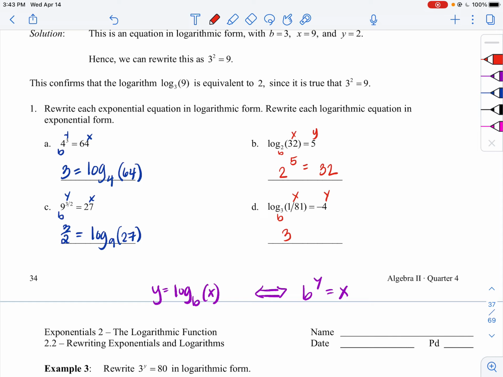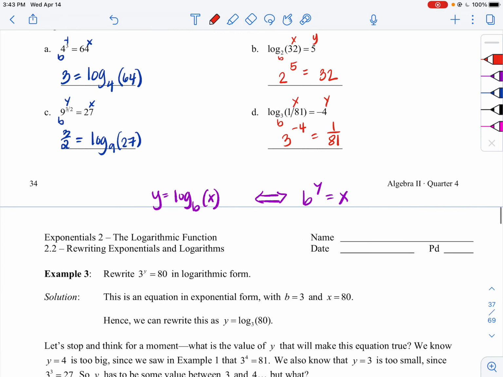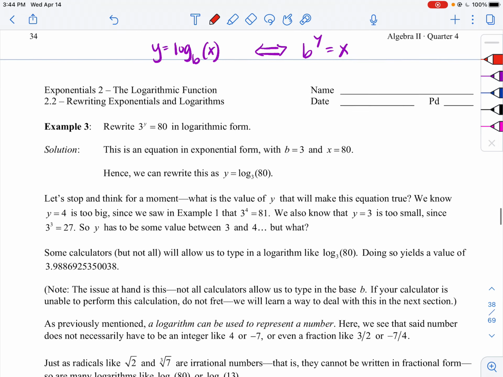This is 3 to the power of negative 4 equals 1 over 81. And there you go. Just like that, you've finished how to rewrite exponential equations in log form, or rewrite each log form into exponential form. Okay? I'm hoping that that wasn't super bad.